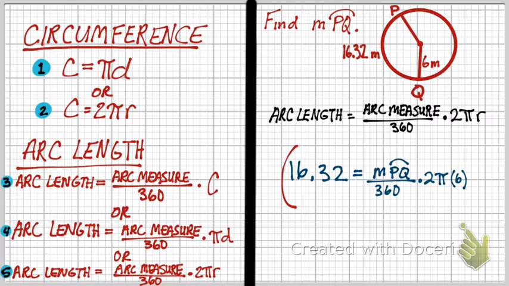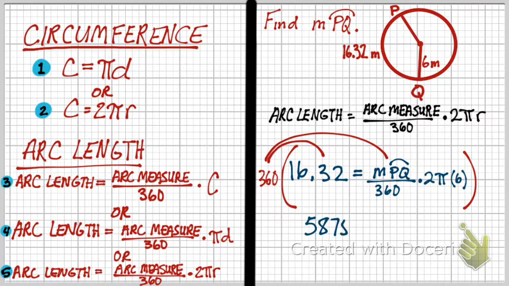So I'm going to multiply both sides of the equation by 360 degrees. And when I do the distributive property here, the 360 degrees on the right in blue is going to divide out the 360 degrees in red when I multiply, and so the right-hand side of the equation will no longer have a fraction.